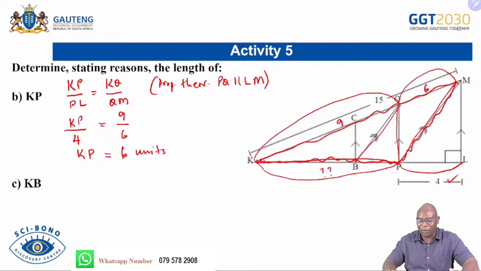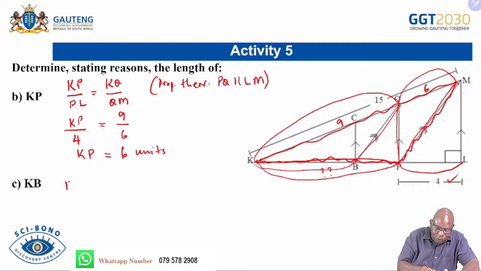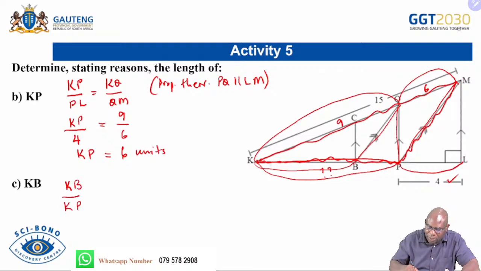I can work in those triangles, because I can see that triangle I've got KB. Right. So let's write down the proportion. The proportion to that will be KB over KP. Let's check this. KB over KP. Can you see? And already KP I have.